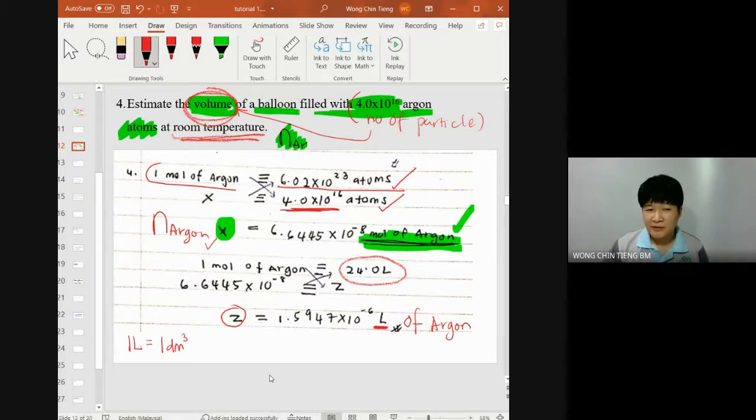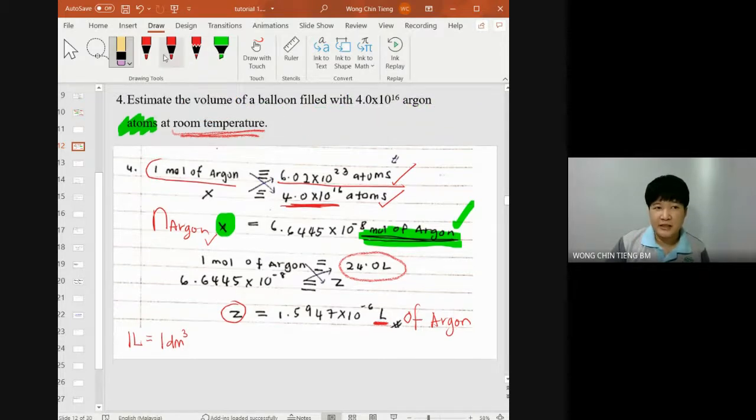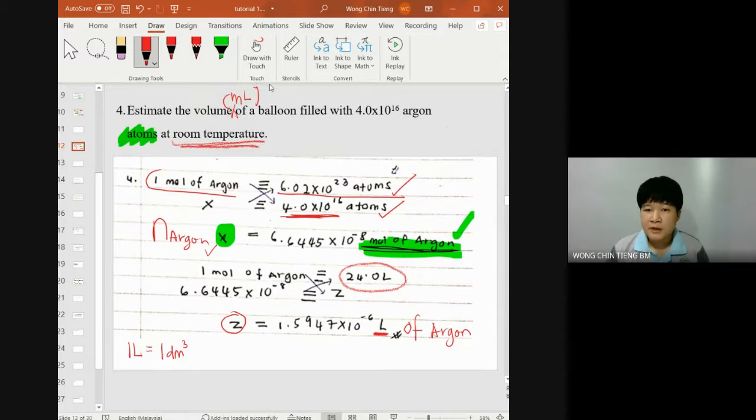Okay, alright. Sambung balik kepada soalan ni sikit. Berhati-hati kalau soalan minta specifically dia nak dalam unit apa. Certain soalan akan tulis estimate the volume in milliliter. Kalau soalan memang minta milliliter, jawapan akhir ini akan salah. Tak habis lagi. So, kamu kena kira balik macam mana nak tukar liter kepada milliliter.